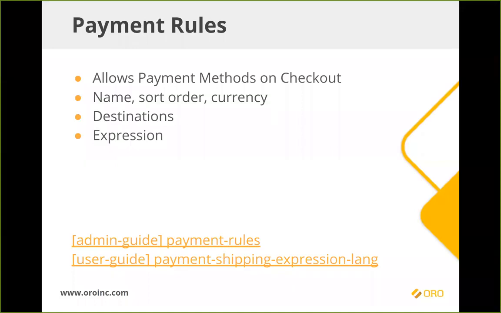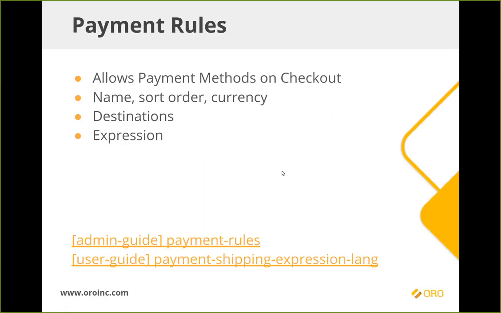A payment rule is a very simple thing which has a name, sort order, and currency. It may have a destination, and it also has an expression which allows or disallows its use under certain circumstances. We have already seen expressions when we talked about the discounts, and here we have a very similar situation.